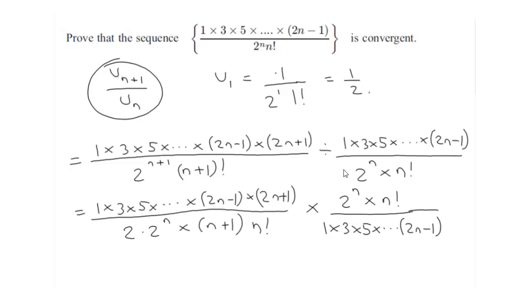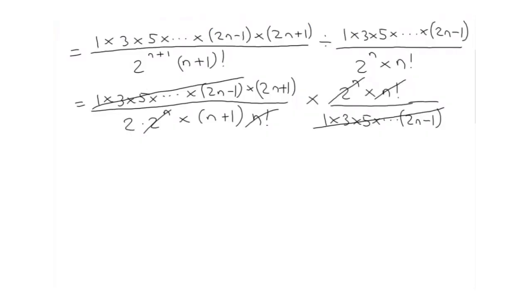Okay, so now this is going to simplify brilliantly. So the 1 times 3 times 5 times ... all the way up to 2n minus 1, we can cancel this with this. So that has gotten rid of a lot of it. Remember, there'd just be 1, but I'm not going to write that. The 2 to the n can cancel with that 2 to the n. The n factorial can cancel with the n factorial. So we are left with a much simpler expression, and remember what this is as well.